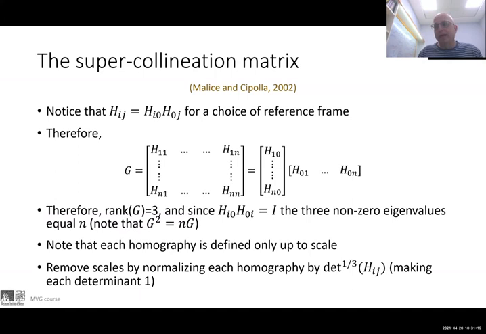Whenever you estimate homographies or anything from data, you have errors, right? Now think about the following situation. Suppose H23 has a little bit of error, and H13 has a little bit of error, and H12 has a little bit of error. These three H's could correct the errors if you make them consistent.